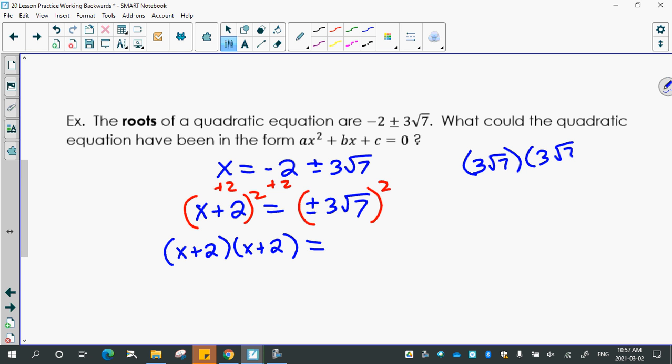If not, you can multiply these. Okay? So squaring something is multiplying it by itself. Is everybody good with that? So 3 times 3 is 9, like Sebastian said. But what's root 7 times root 7? 7. Okay, it's root 49, which is 7. So it's 9 times 7, which is 63. Okay?